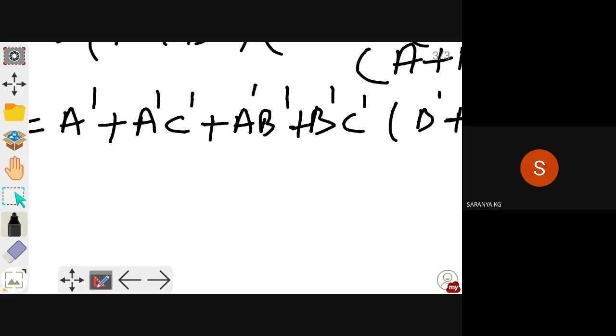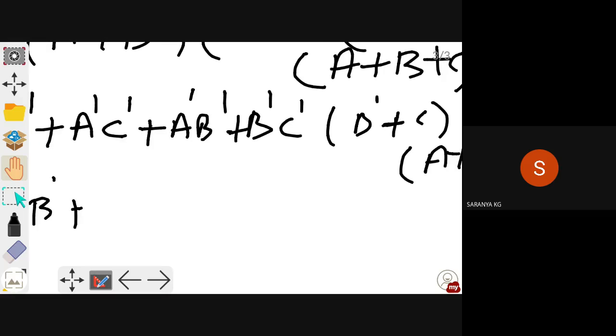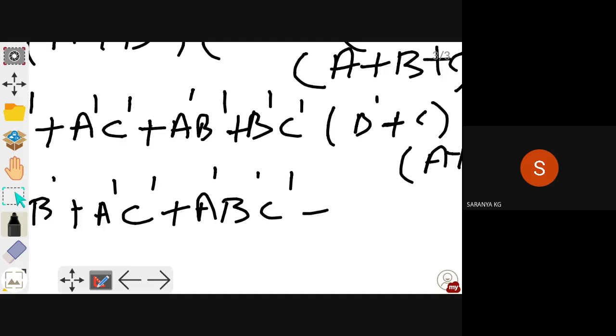A dash into B dash will give you A dash B dash, plus A dash into C dash will give you A dash C dash, plus second term into B dash, A dash B dash C dash, plus A dash C dash into C. C into C dash will give you 0.